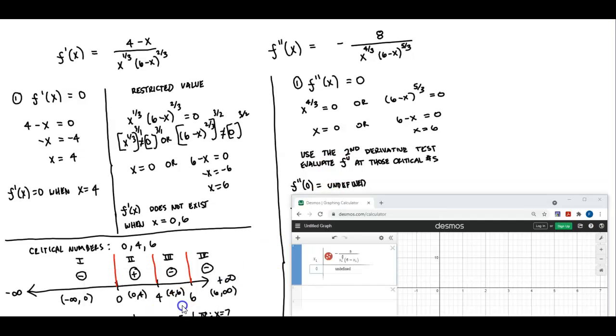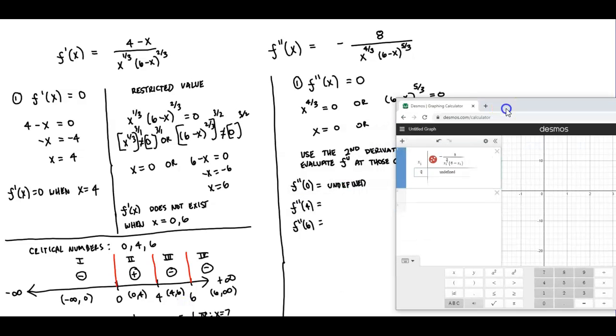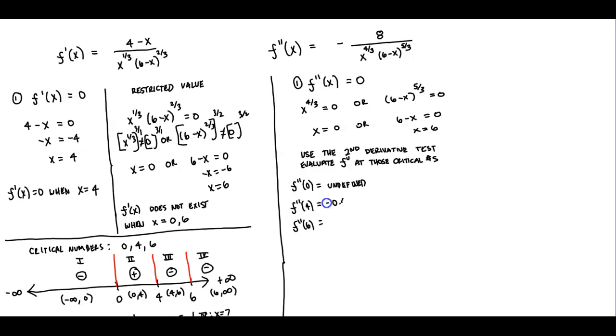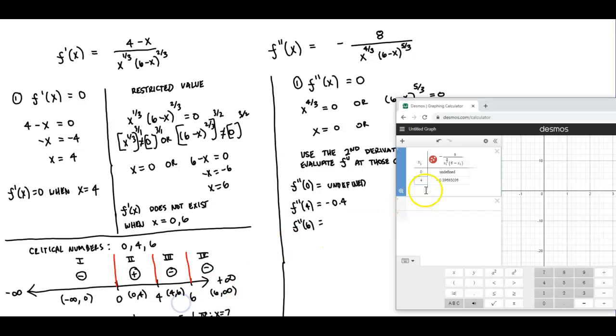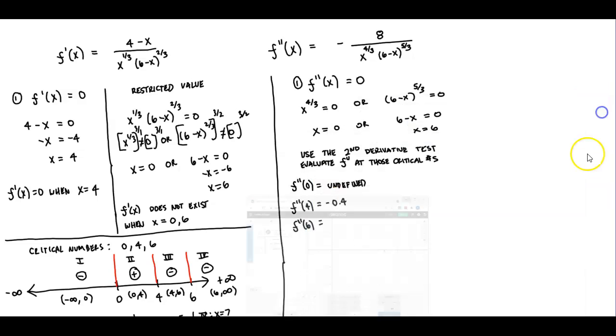Okay, if we plug in 4, we get -0.4. And what happens when we plug in 6? We also know that's going to be undefined.